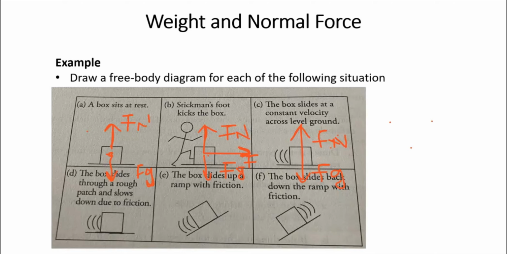Okay. Then now box D, the box slides through a rough path and slows due to frictional force. So in frictional force, the object does not move on a smooth, straight path.